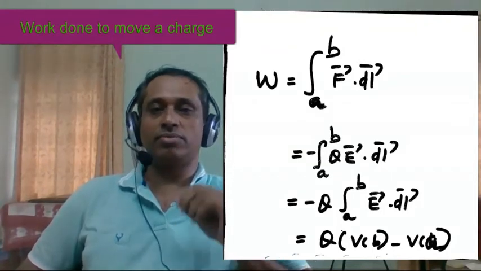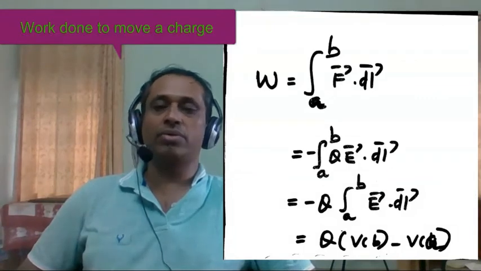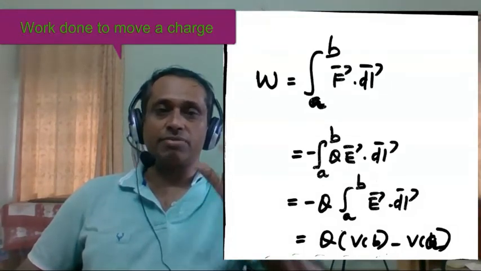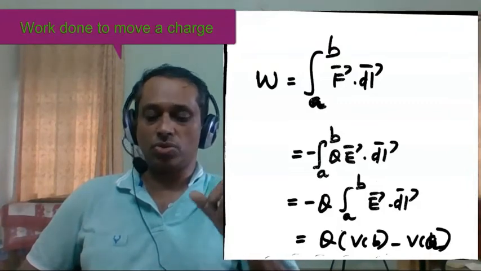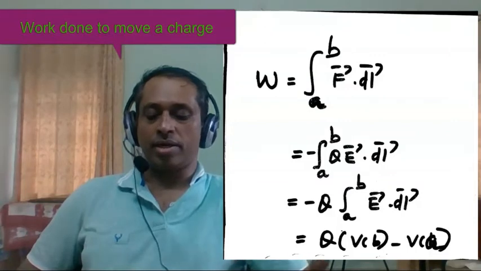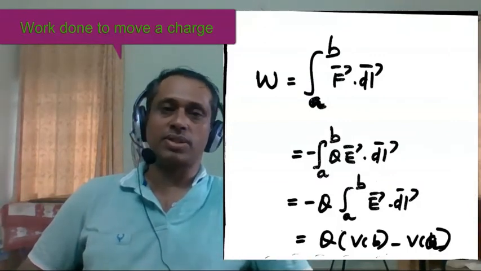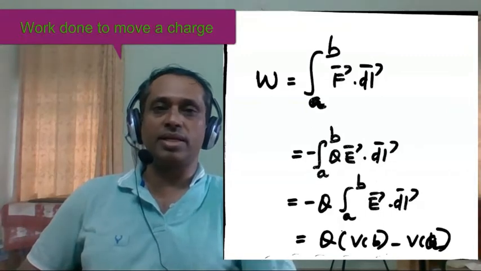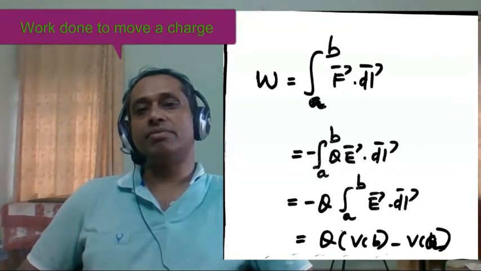So for the work done, we have W equal to integral A to B F dot dl, where F is equal to minus QE. The Q can come outside, so we have minus Q integral A to B E dot dl.